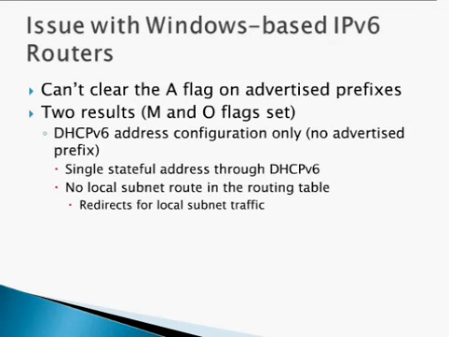If you don't advertise the prefix, telling the router don't advertise this particular prefix, and you rely on DHCPv6 for all configuration, it's going to configure that single stateful address through DHCPv6. However, because the host does not automatically add a 64-bit route based on the address received from DHCPv6, there is no local subnet route in the routing table. So that's interesting, and that's totally expected behavior.